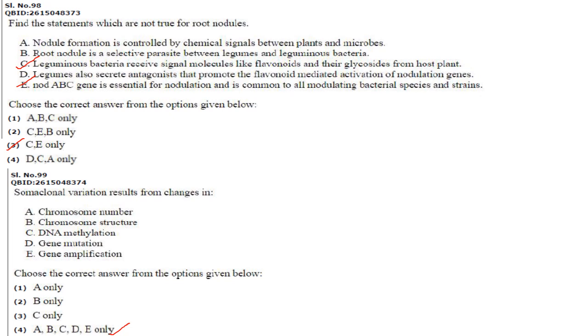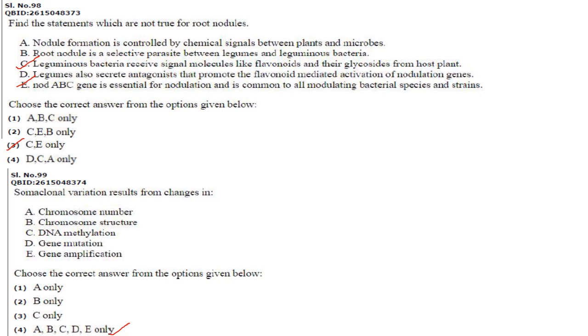Legumes also secrete antagonists that promote the flavonoid-mediated activation of nodulation genes. Yes, that is correct. Nod ABC gene is essential for nodulation and is common to all nodulating bacterial species and strains. So that is not correct. So C and E only. Answer is option 3.